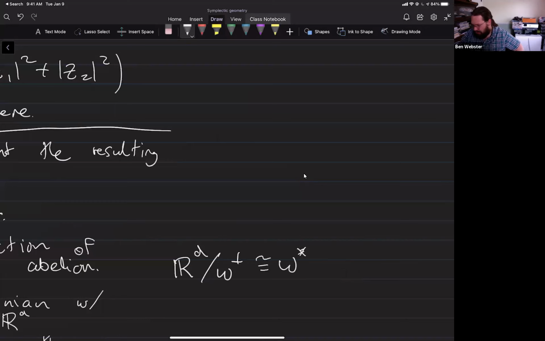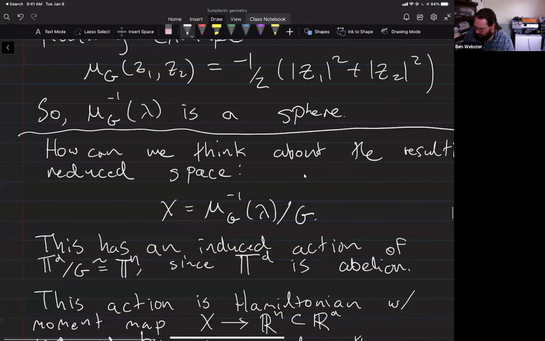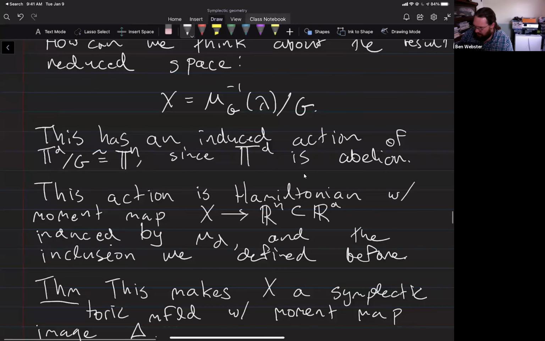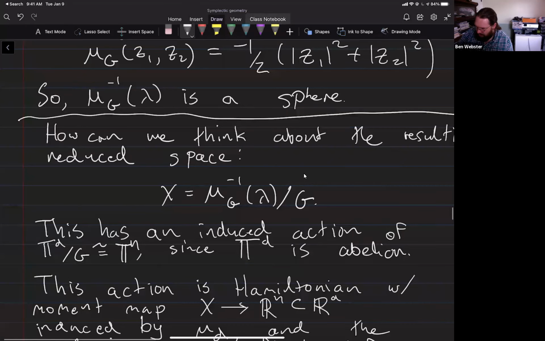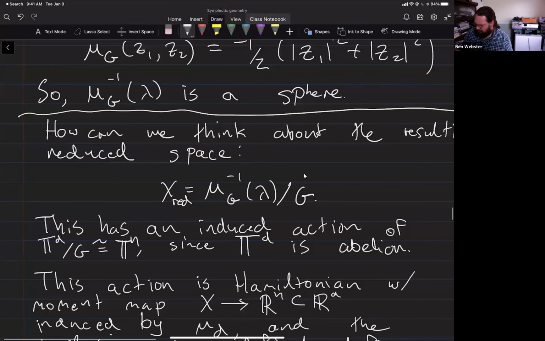And of course, we already chose an isomorphism from W to Rn. So I should have called this, no, I guess I'm calling it X. Okay.